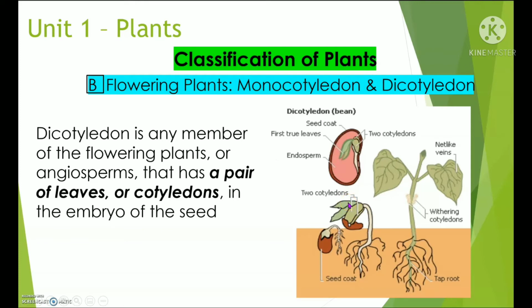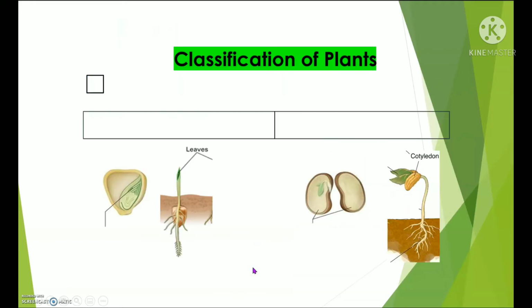We will see better pictures on our succeeding slide. So the question is, how many leaves or cotyledons does a dicotyledon have? Very good. They have a pair, or two leaves, or two cotyledons. Very good. Now let's move on to our next slide.